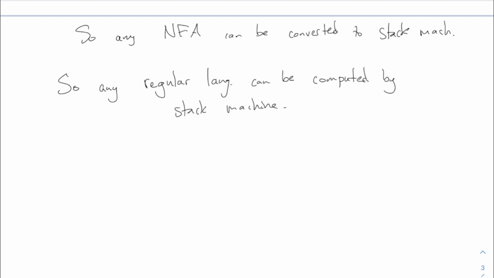They can also do more because they can do things like A to the N, B to the N. That is the relationship between stack machines and NFAs.